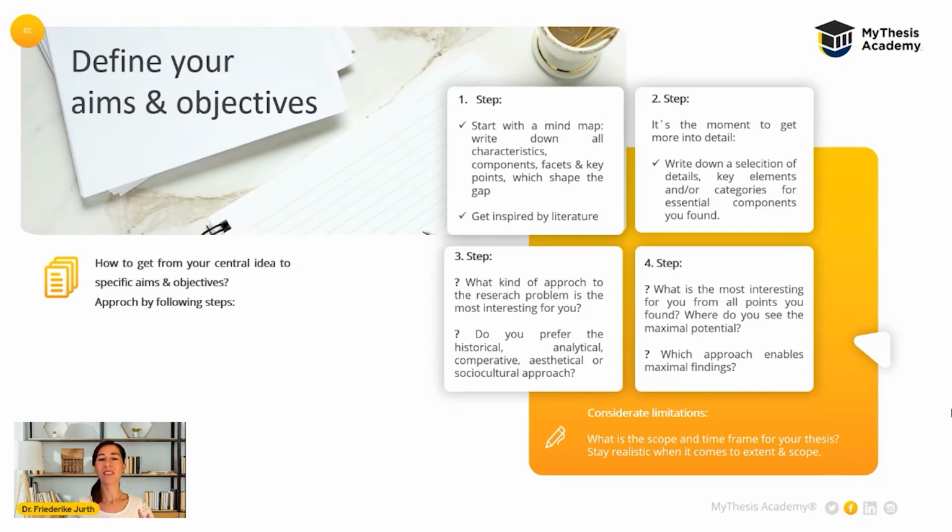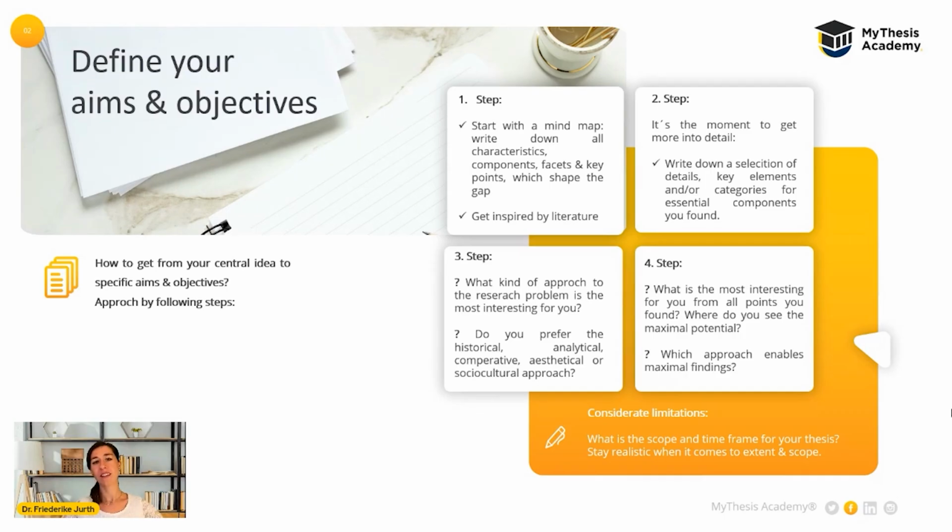So, where do you see the maximal potential and also where you feel the best? What is the point where you can get passionate? Which approach enables the maximal findings? This is also a question that you can ask yourself.